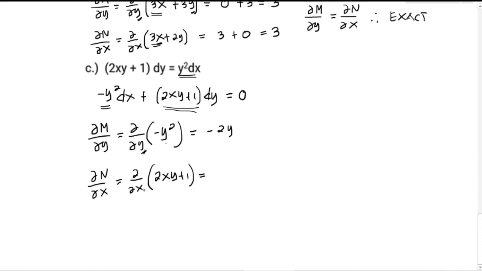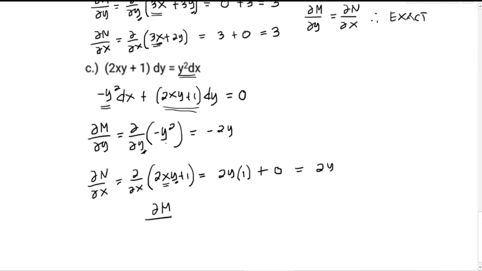Since this is with respect to x, x here is the variable, and y is assumed as constant. So for the derivative of 2xy, I'm going to write the constant 2y, then the derivative of the variable x is 1, plus the derivative of 1 is 0. Then simplify, that is 2y.